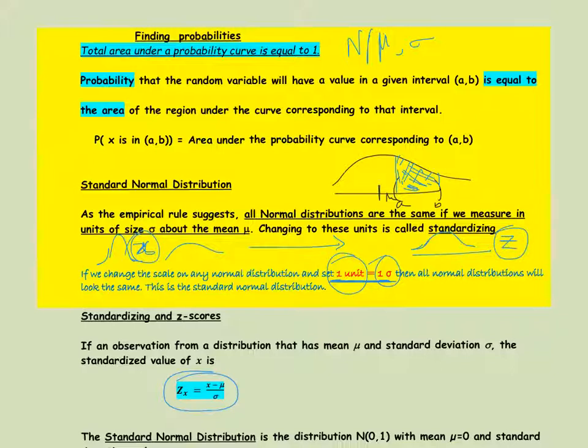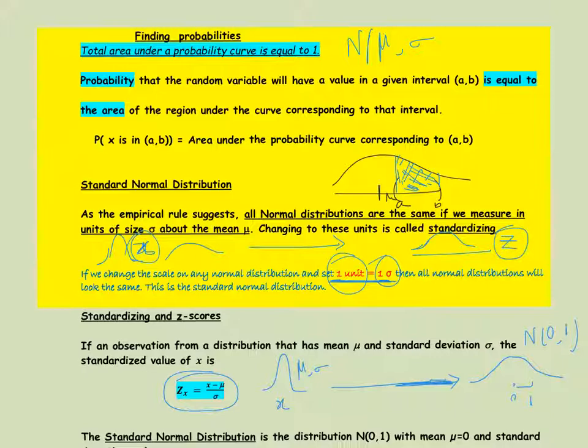So if we have an x value in a regular normal distribution where mu is the center and sigma is the standard deviation, how do we standardize it? Which means, how do we find its equivalent value in the standard normal distribution, which has center 0 and standard deviation 1? A standard normal distribution has center 0 and standard deviation 1.